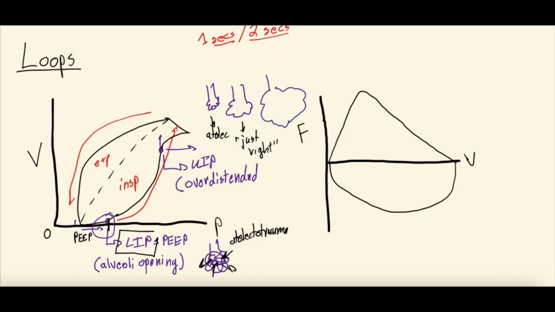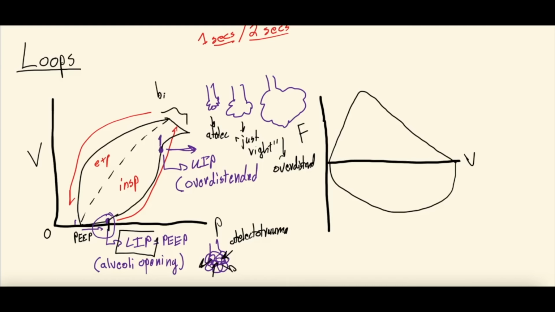They're way dilated. And the upper inflection point tells you the pressure when they're over distended, because the pressure starts to increase a ton with very little increase in the volume that is given. And if it gets bad, they call it a bird's beak.